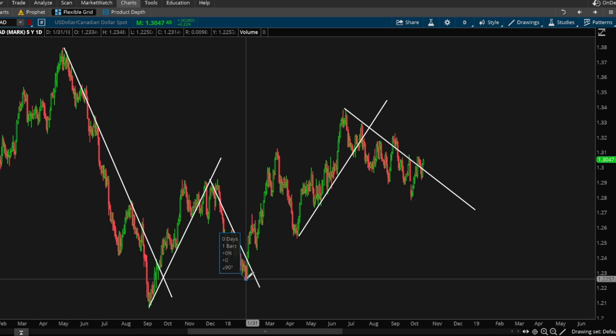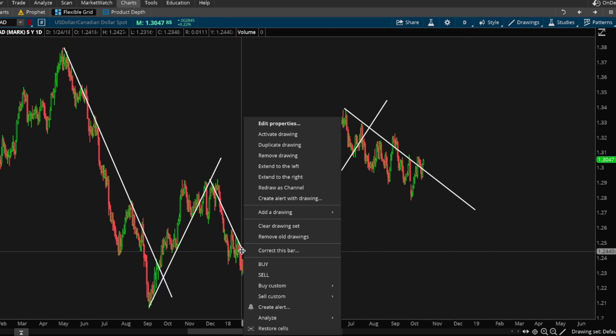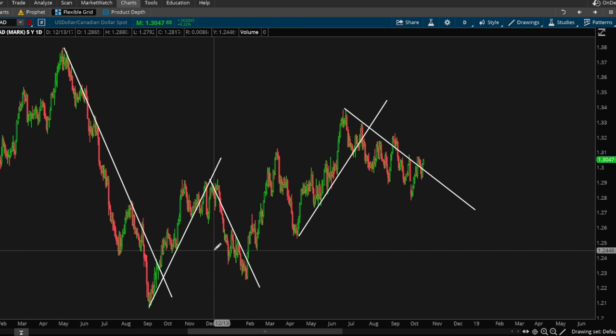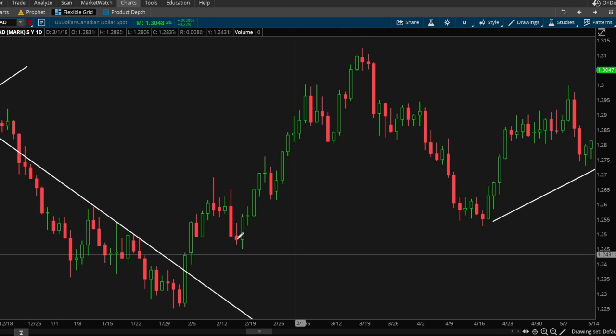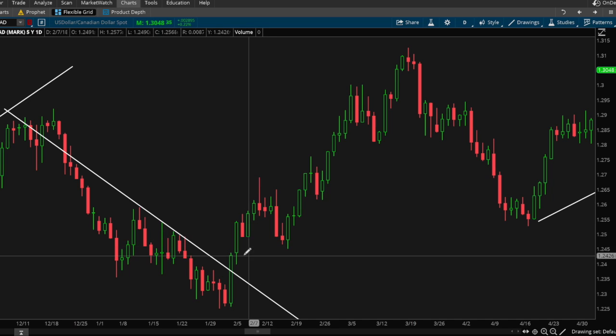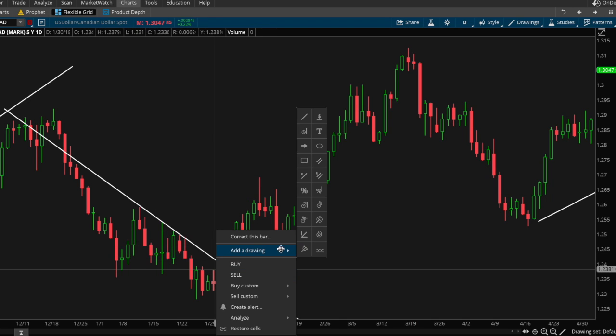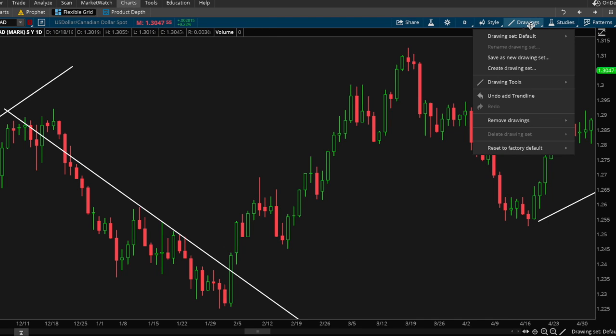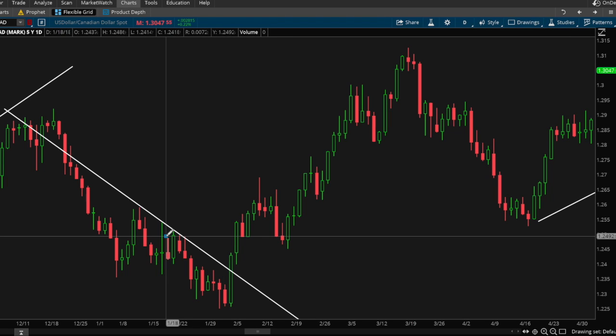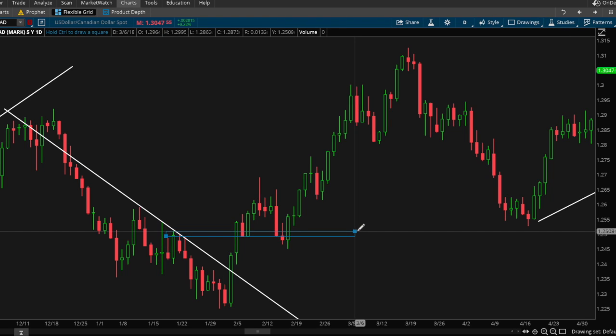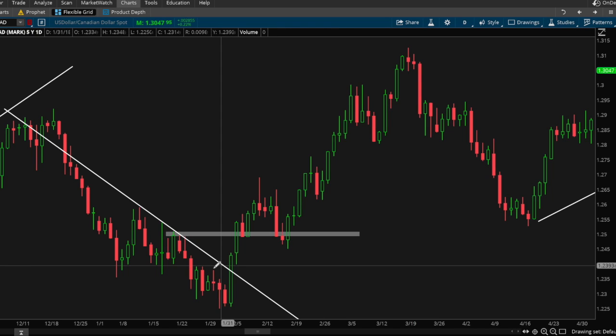So we found one here using our strategy. So let's say a demand zone. Let's find our demand zone. I'm going to change my tool. Hold on, guys. We have a demand zone there. And then we're going to go ahead and establish a Fibonacci.